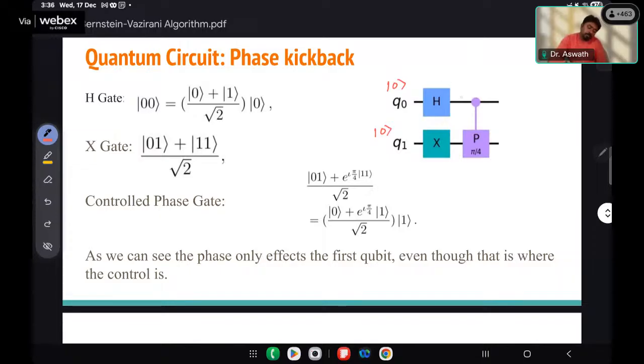The Hadamard gate puts this into superposition, (0 plus 1) by square root of 2. So that is what is here. And after the Hadamard, at the bottom I'll have an X gate for the query part. So this is where I'll have the 1 ket. So what is the overall state? 0, 1, 1, 1. Okay.